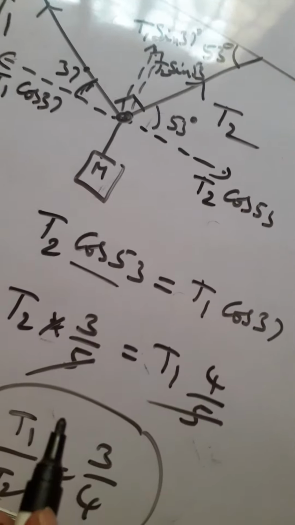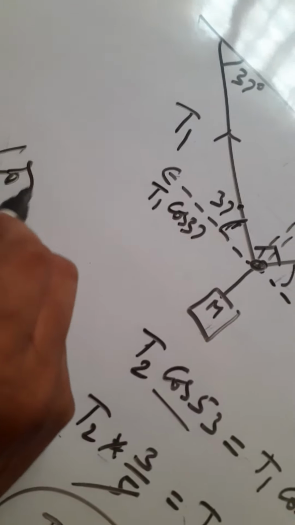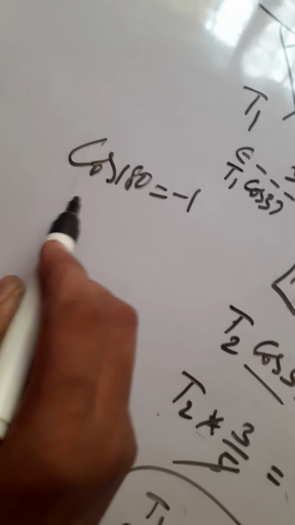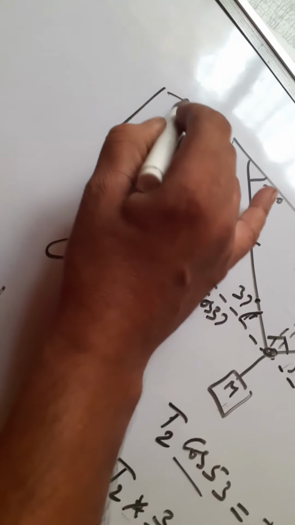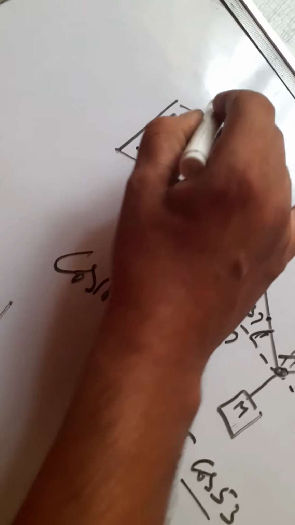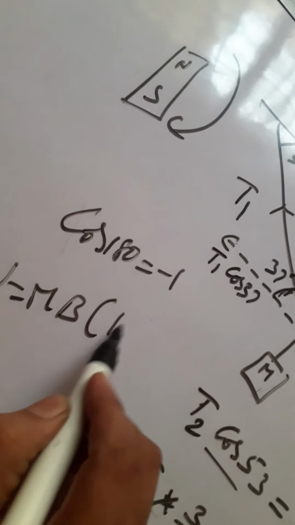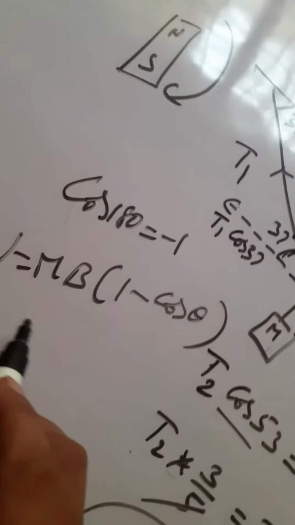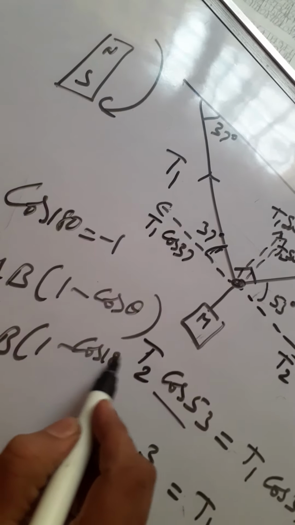The 3, 4, 5 triangle is one of the important triangles, and cos 180 is minus 1. For example, calculate the work done in rotating the magnet through 180 degrees. So the magnet is rotated through 180. Work done formula: MB into 1 minus cos theta. So MB into 1 minus cos 180.